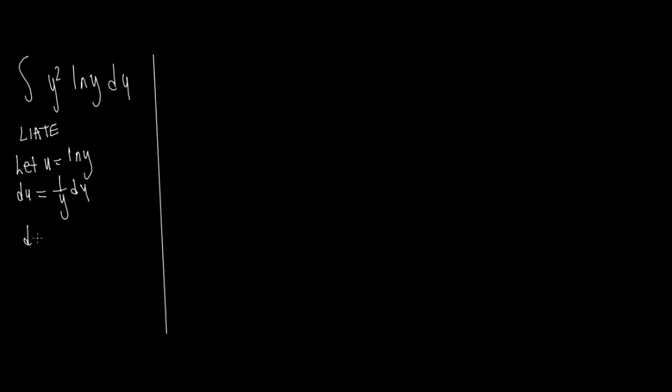So dv will be equal to y squared dy. So we take the integral to find v. So the integral of this, we're going to apply the power rule, which is y to the power 3 divided by 3. So the formula for integration by parts is uv minus the integral of v du.